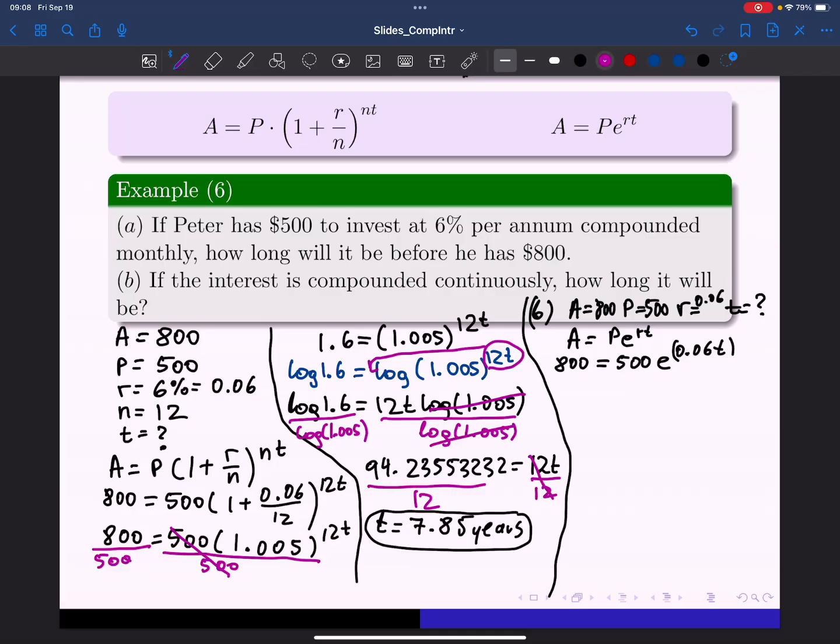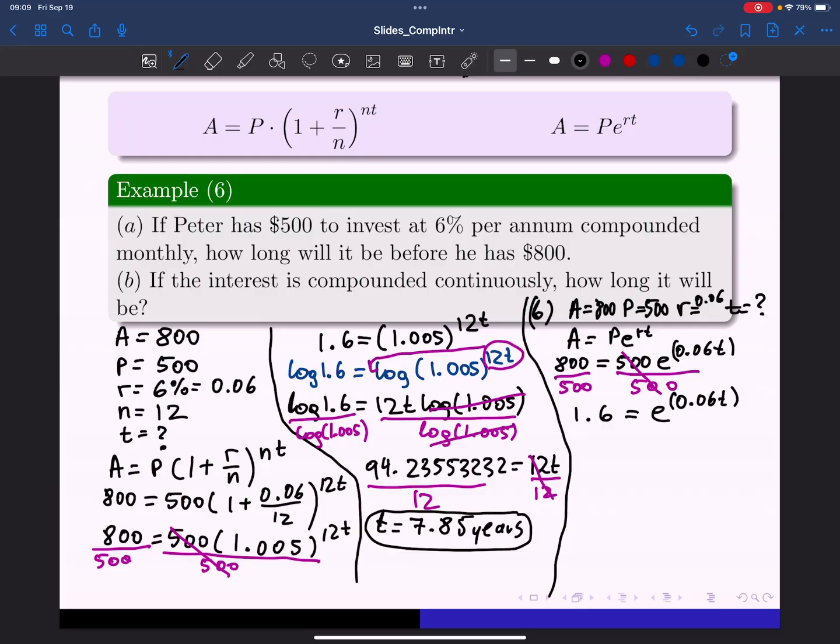So first we would divide by 500. This cancels out. 800 divided by 500 is 1.6 is equal to e to the power 0.06t. Now we take log. We can take regular log or ln.